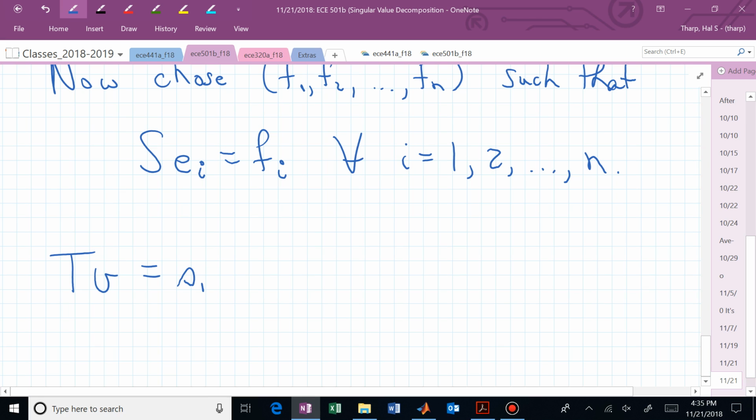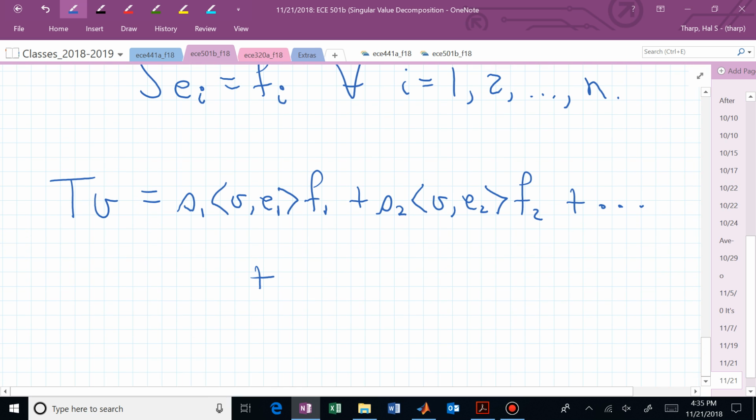So we now have S1 inner product of V with E1 times F1 plus S2 inner product of V with E2 times S E2, which is just F sub 2, and we can simply keep going, plus S sub n times the inner product of V with E sub n times S E sub n, but that we've defined to be a new basis vector F sub n, and that's actually what we set out to prove.